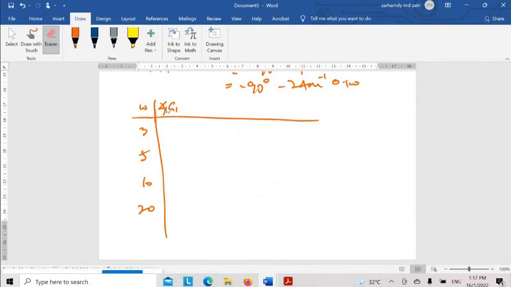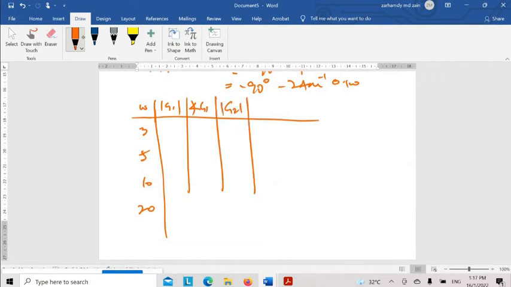So we need to find our G1, paste again. Okay, so kita ada G1, kita ada G2, boleh, tak ada masalah. We have G3.